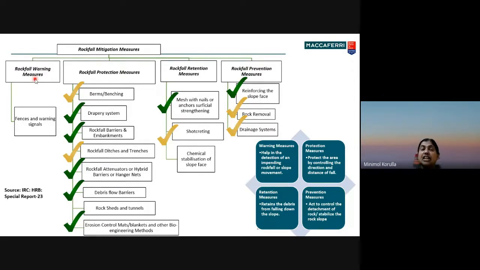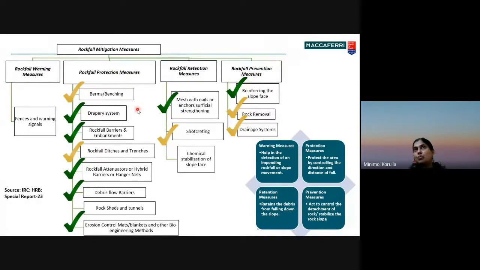Maybe the engine driver or a supervisor will be able to note it. Whenever a rock is moving and going to the detachment level, this digital warning system will work. The senior officials of Konkan Railway mentioned that they were able to reduce a lot of risk by adopting this type of warning measures.